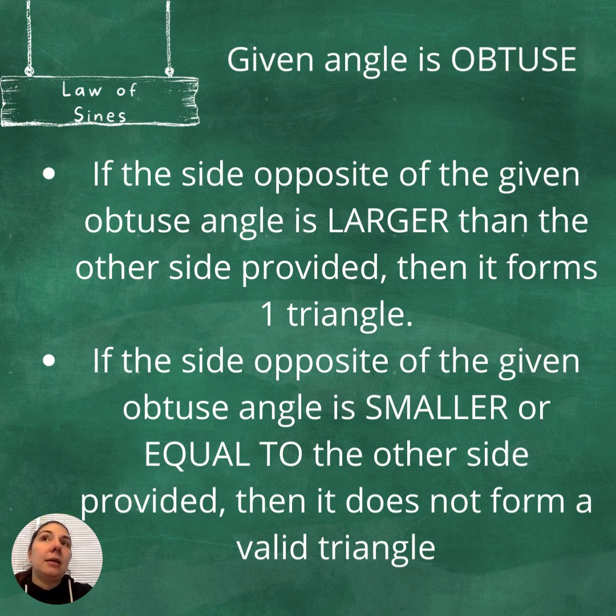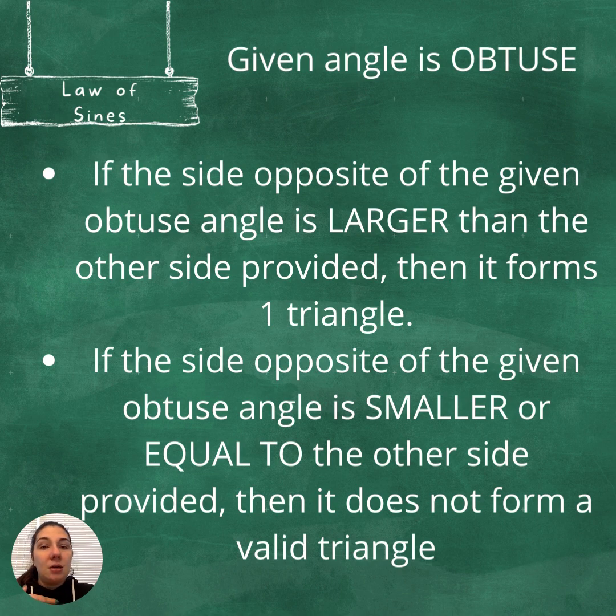Now, we know that in triangles, the largest angle will be opposite of the largest side, and as well, the smallest angle will be opposite of the smallest side, and vice versa.